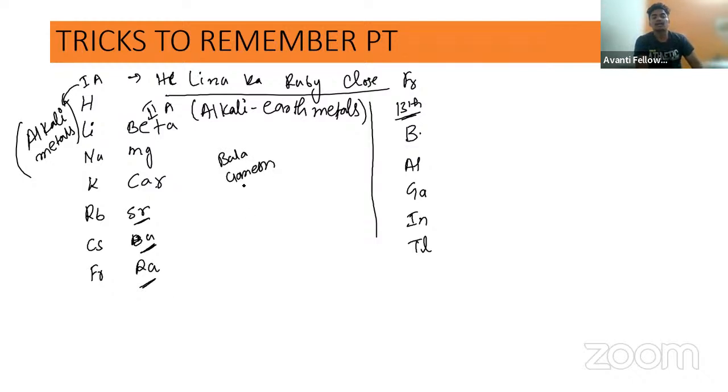Bala means B and Al, boron and aluminium. Ganesh means gallium, in means indium, and Thailand means thallium.